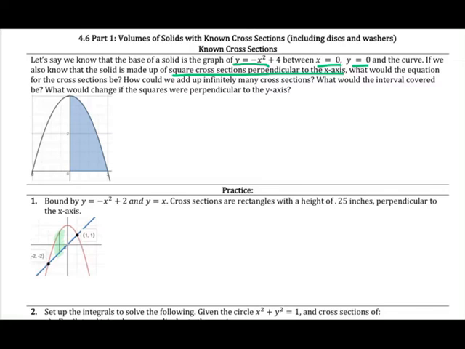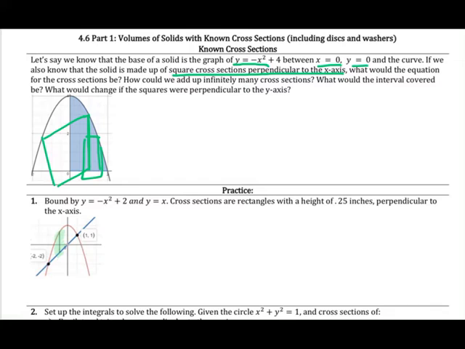I have no three-dimensional drawing skills here, but right here, this is a square that is coming up three-dimensionally. There's another square coming up three-dimensionally. So they're coming up vertically off the graph, and they are squares.